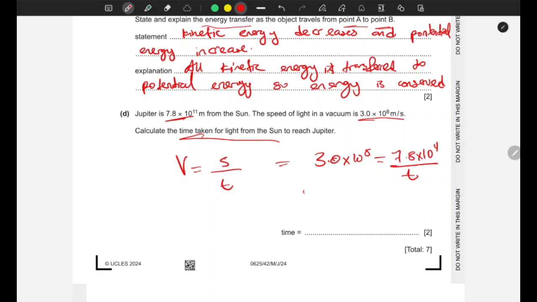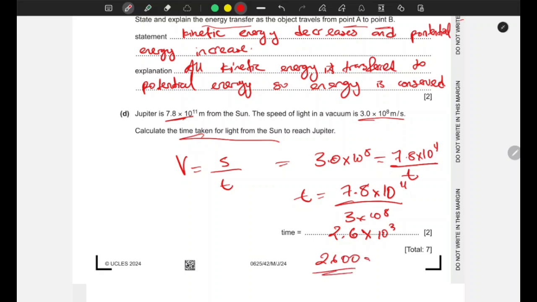So rearranging this formula, the time is 7.8 times 10 to the power of 11 divided by 3 times 10 to the power of 8. That would give us 2.6 times 10 to the power of 3 seconds, or 2,600 seconds.